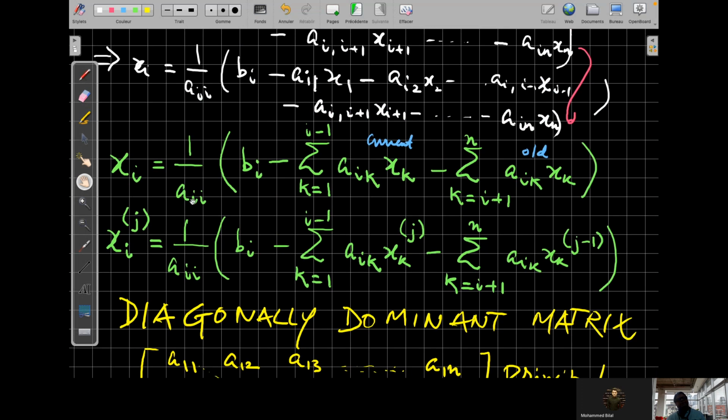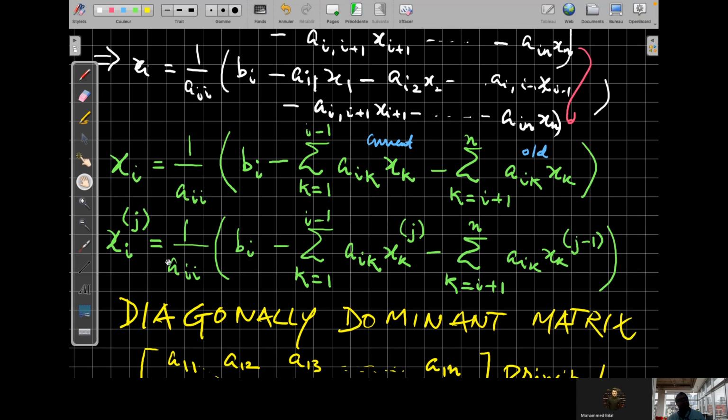Look at this. If this number is large, this number is going to become smaller, right? So if I've got a large denominator, the solution is going to become smaller. But if I have a small denominator, eventually this can become larger. So always remember this basic arithmetic: if I have a bigger denominator, this is going to be a smaller number.